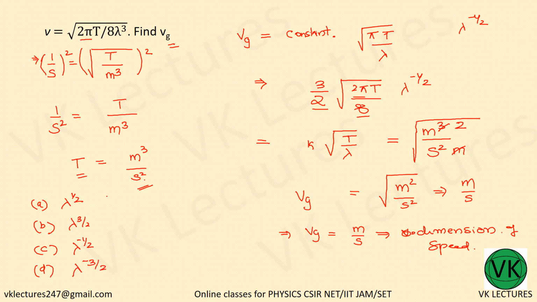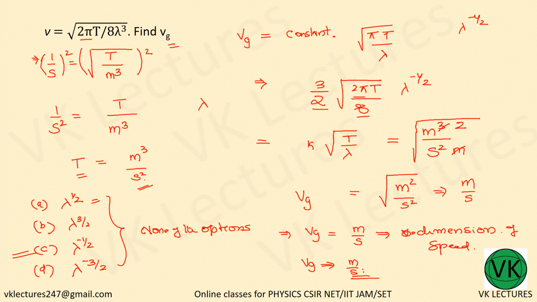For none of the options other than C, you would get Vg's dimension as meter per second. If you want, you can try it and see.